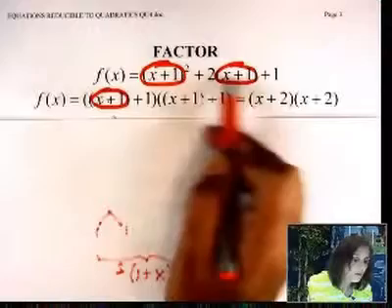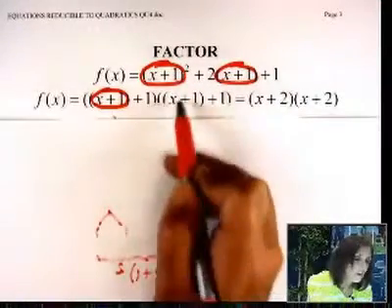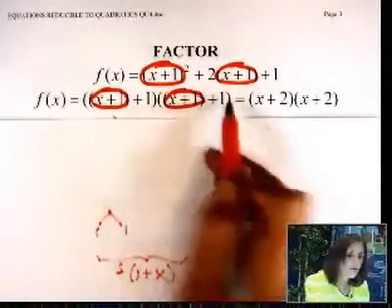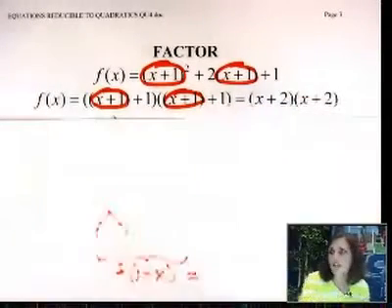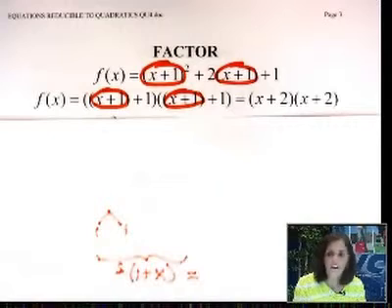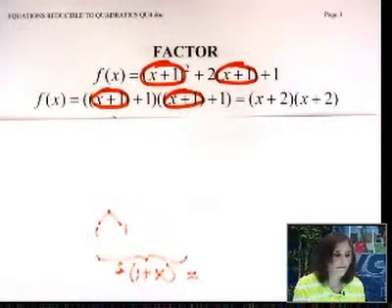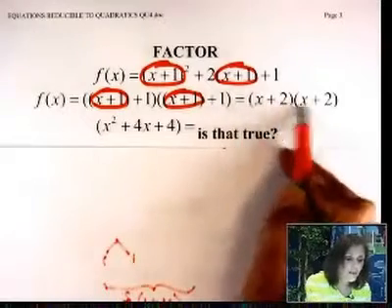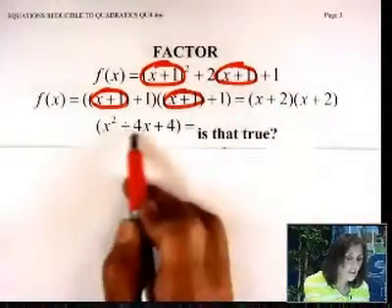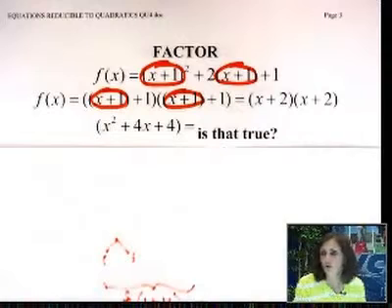Quantity plus 1 times quantity plus 1. Now 1 plus 1, that's 2. x plus 2, x plus 2. Okay, I actually factored. This one gives me x plus 2, x plus 2, which is x squared plus 4x plus 4. Is that really true?